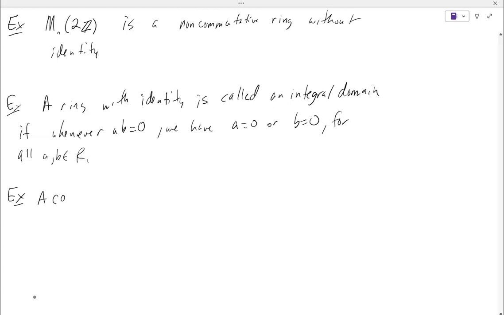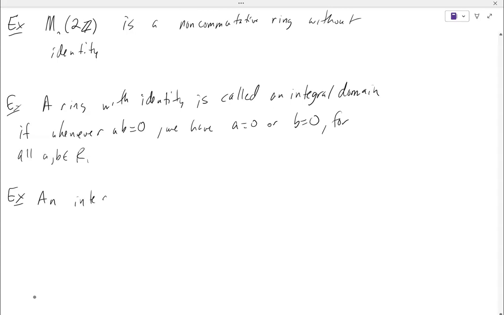A commutative ring, well, actually, integral domain. Oh, I didn't mention that to start with. Your integral domains also have to be commutative. I didn't write that down in there when I made the definition the other day. Integral domains are necessarily commutative.